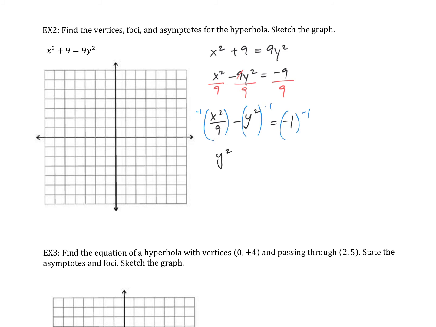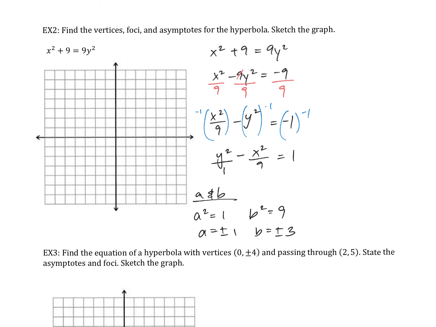So that'll be y squared minus x squared divided by 9 equals 1. And for the sake of format, I'll go ahead and put the y squared over 1. So then the question here is a and b. We have a squared equals 1, and b squared equals 9. So we have a equals plus or minus 1, and b equals plus or minus 3.